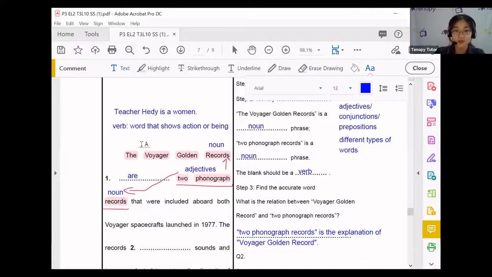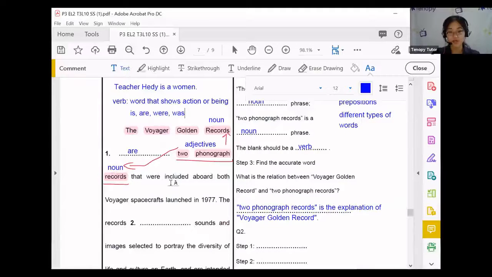Which means apart from obvious verbs like running, writing, reading, "is," "are," "were," "was," "had," "have" are also used as verbs. So it's a little tricky.